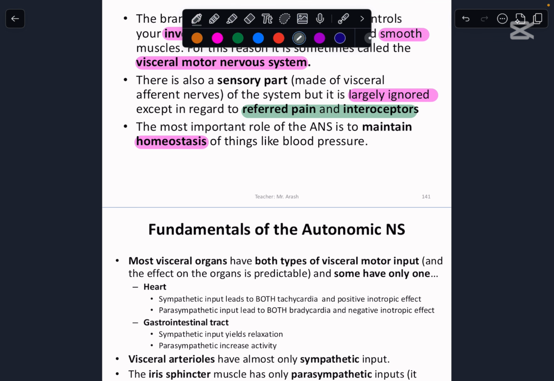So I'm going to highlight that as blood pressure, but it includes also things like heart rate, respiratory rate, RR, dilation of our eyes, so our eye pupil enlargement or constriction, and things of that nature. Digestion, for example, defecation, urination, and so on and so forth.